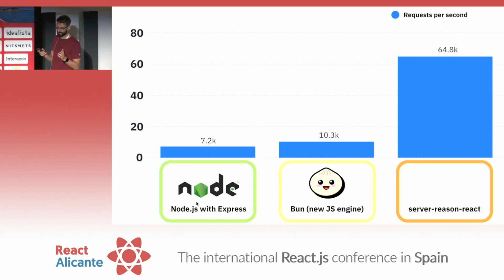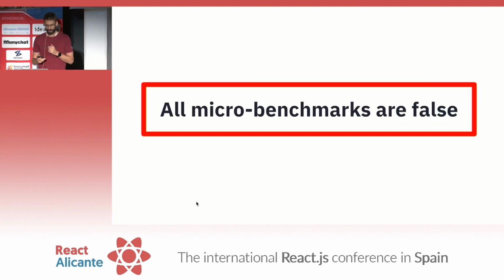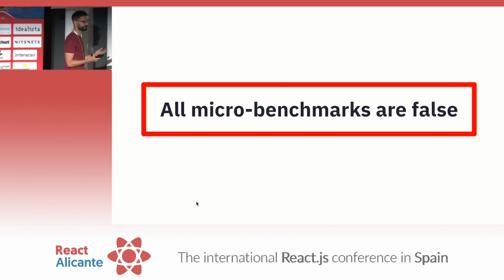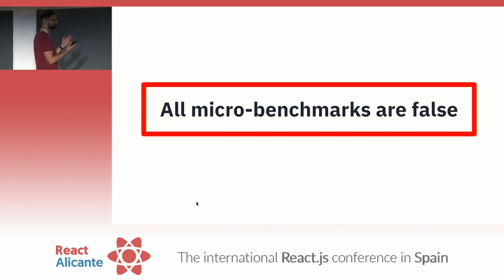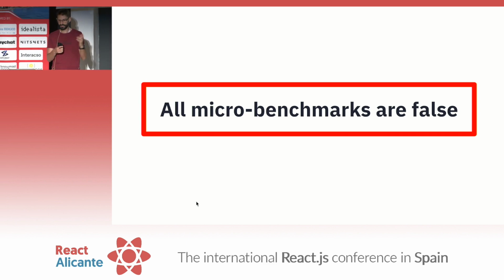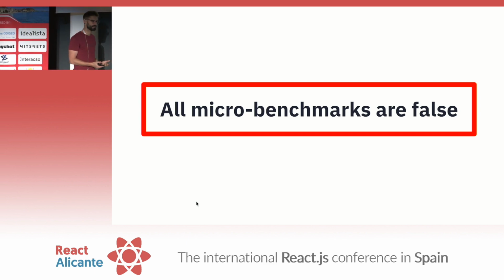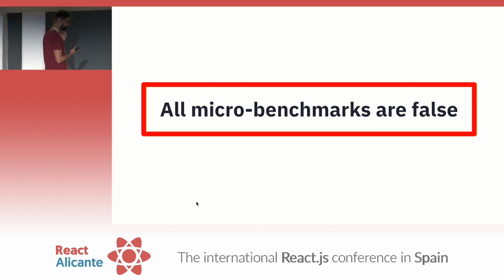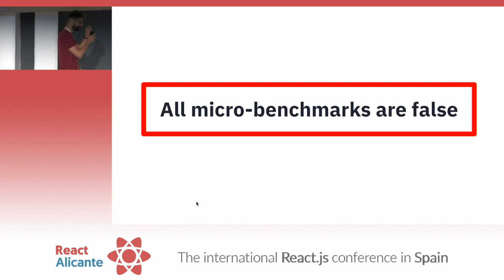But with one caveat: all micro benchmarks are false. You should not believe what pops up on your Twitter or in the READMEs of your GitHub, where even my benchmark is good enough, but it's not a real case scenario, right? My benchmarks run on the CI of GitHub or whatnot. I haven't run them in production with real usage, with other services running, with multi-core going.